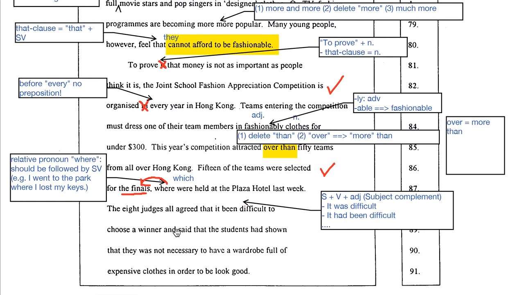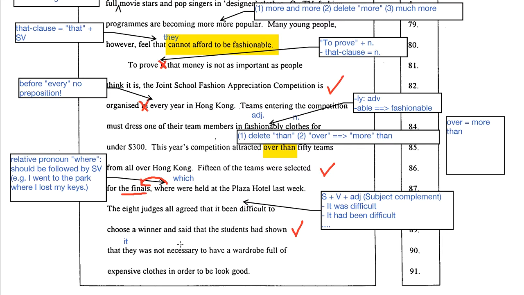To choose a winner and said that the students had shown... okay. So I think 89 is fine. 90: that they was not necessary. Here the mistake is not "they were necessary." It should be "it was not necessary." Okay.